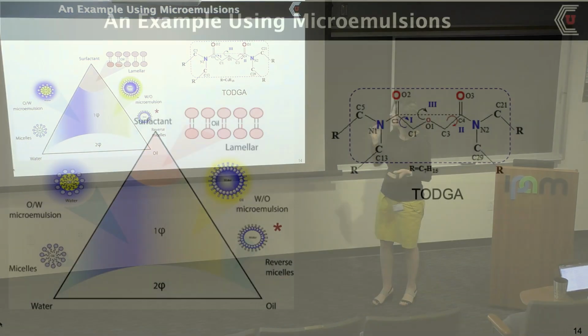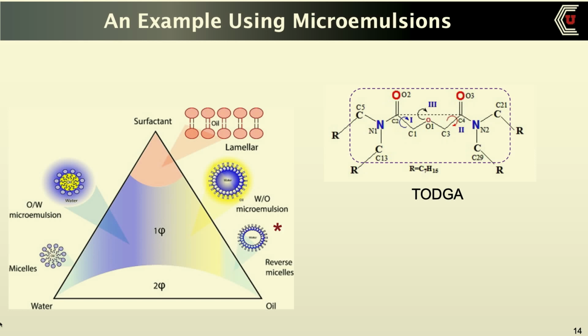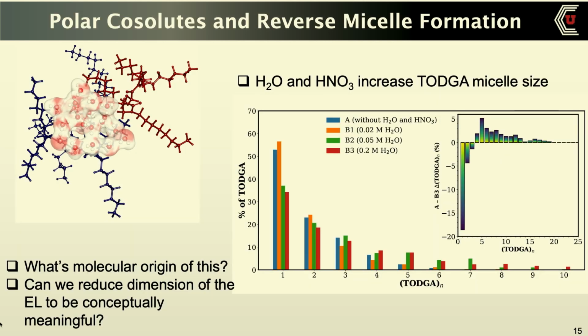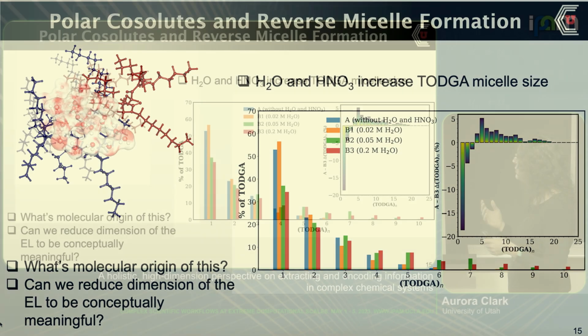And a really nice example that we're going to put on the archive next week, it's almost ready, is in the case of microemulsions, where you've got an amphiphilic surfactant molecule. We've noticed in several prior papers that if you have this amphiphilic molecule in oil and you add water and acid, by varying the concentrations of water and acid, you can change the micelle size significantly.